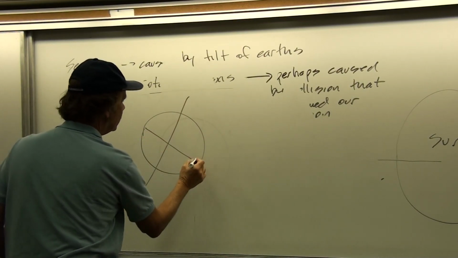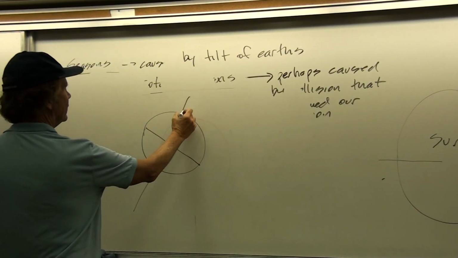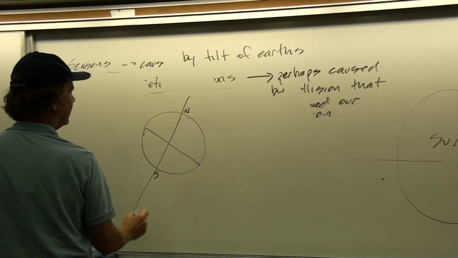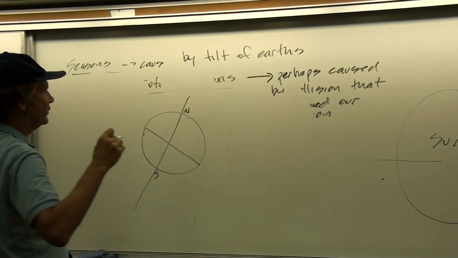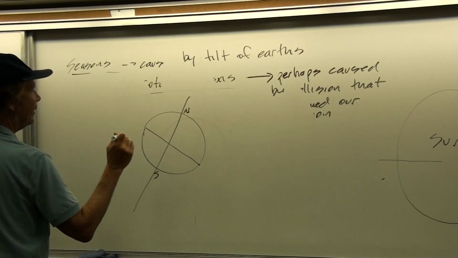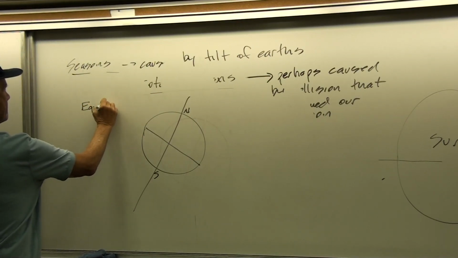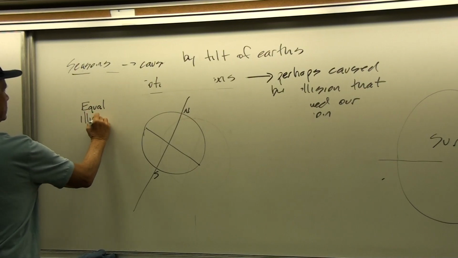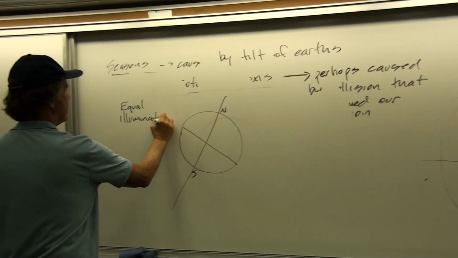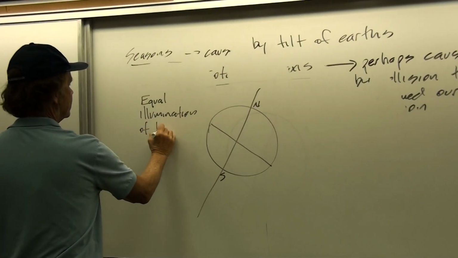So we have equal illumination of both hemispheres. So this is the northern hemisphere, this is the southern hemisphere. But the rays are coming into the board or out of the board. Okay? And so we have equal illumination of both hemispheres.